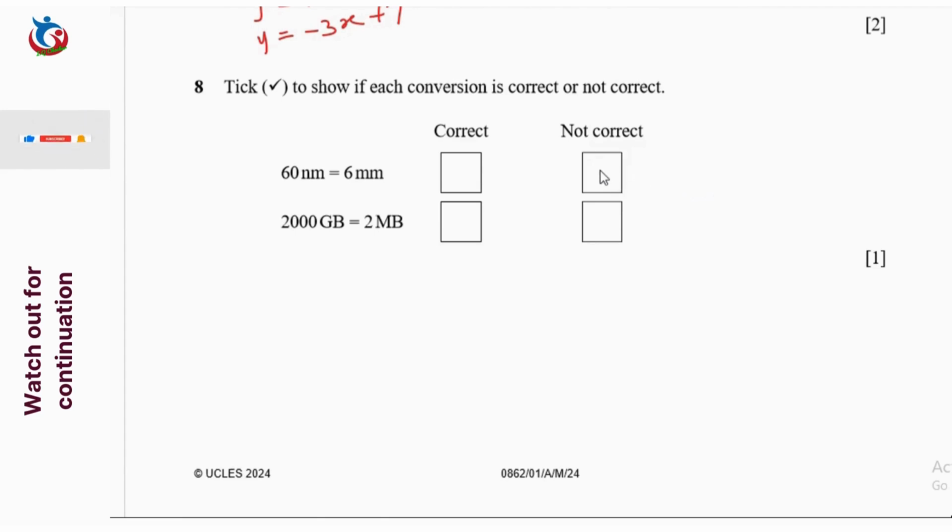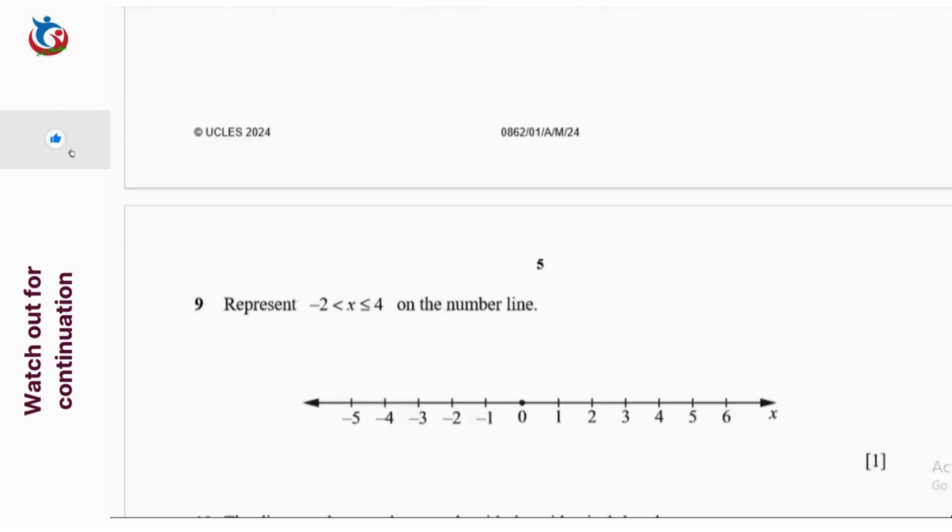That conversion is obviously not correct. 2000 gigabytes is equal to 2 megabytes. That conversion is obviously not correct. So without any further ado, you just tick the not correct boxes.